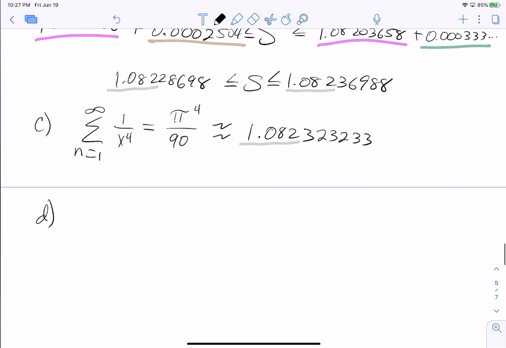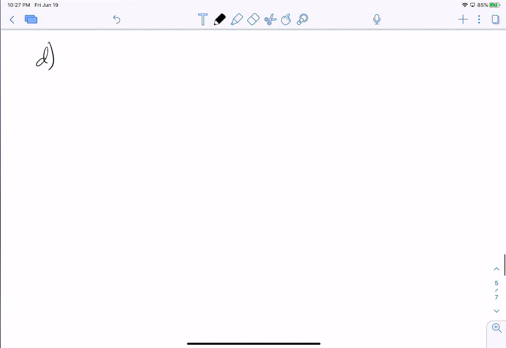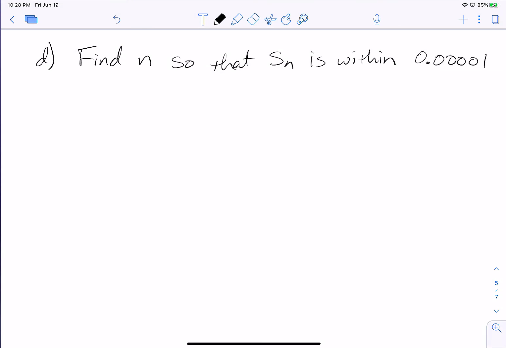And finally, part D asks us to look at this from a slightly different lens. Find n so that S sub n is within 0.00001 of the sum. That is, how many terms do you need to use if you know you need to be accurate to within 5 decimal places?